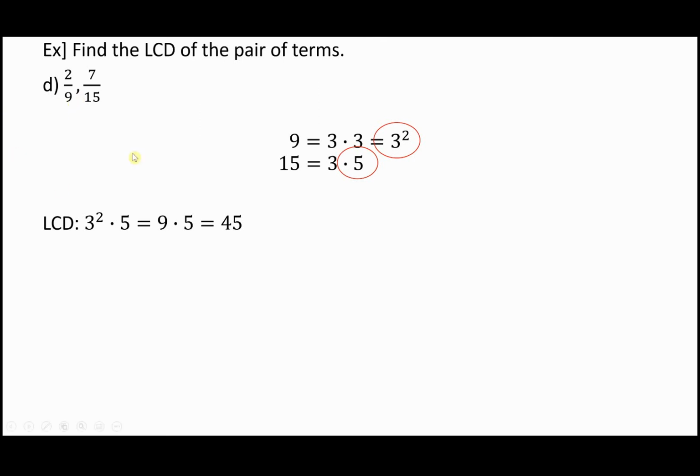Because you want the denominator to turn into a 45, you have to multiply that 9 by a 5. So 5 over 5 would be the fun one you would multiply the 2 ninths by. And then the missing factor for the 15 would be a 3. So the fun one for the 7/15 would be a 3 over 3 if you needed to add or subtract these two fractions. But we're just worried about finding the LCD, which we successfully did for example D.